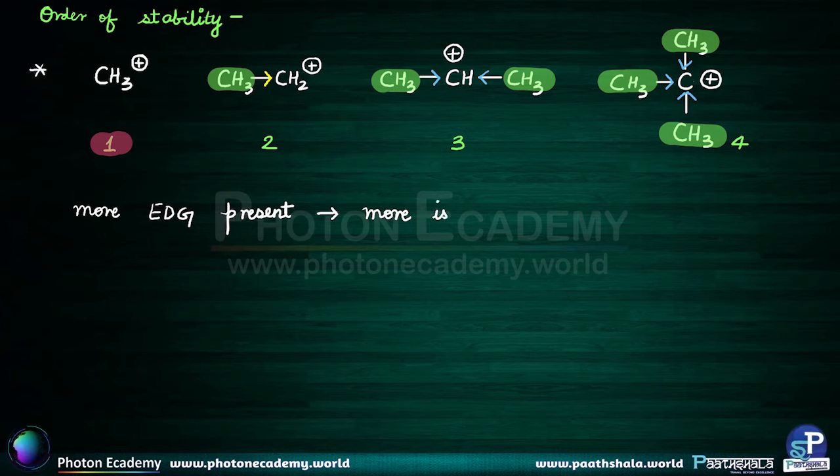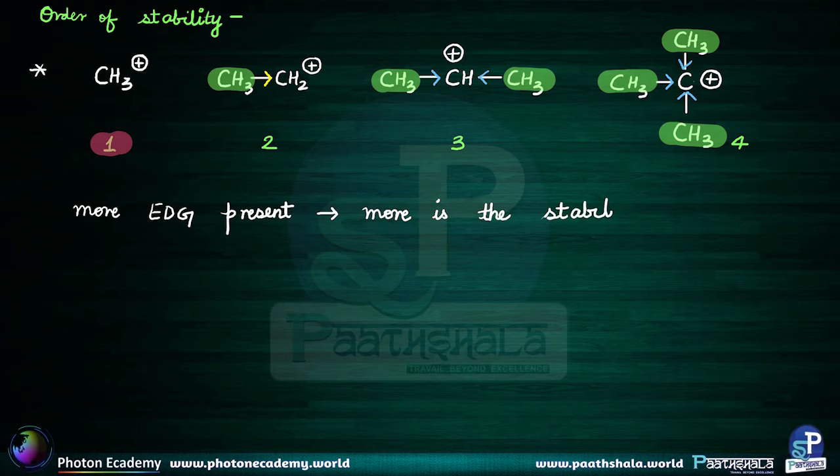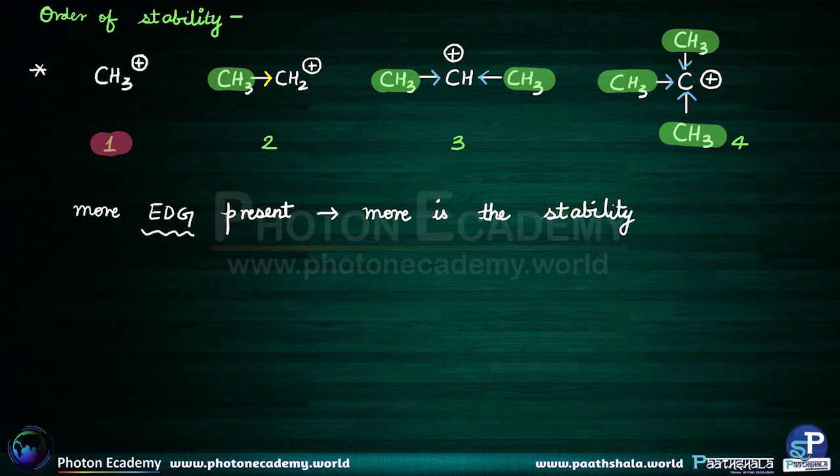So when I attach more groups which are acting as electron donating species, they lead to the stabilization of a higher degree of the carbocation.